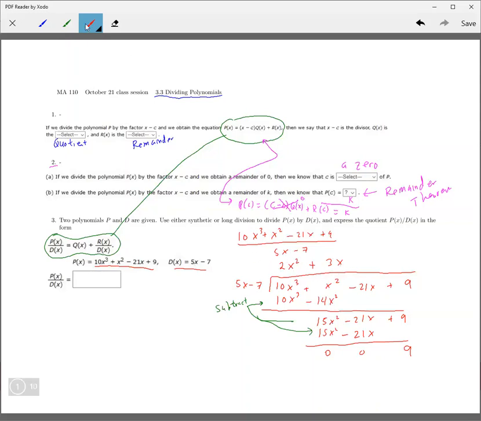This right here is your quotient. So that goes here, 2x squared plus 3x. And this right here is your remainder.